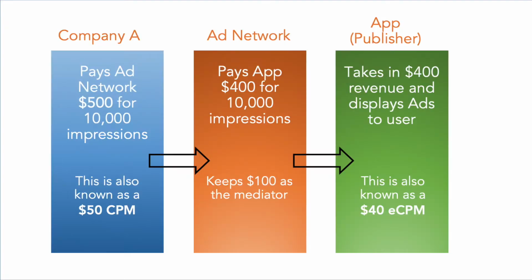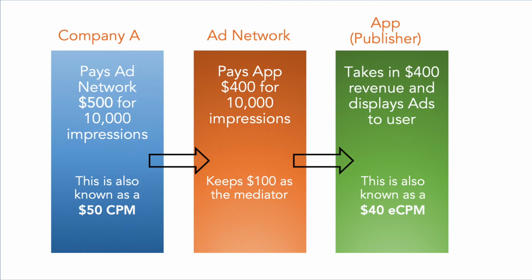And the difference between CPM and eCPM is that CPM is cost per mille. eCPM is effective cost per mille, where mille is 1,000. And CPM is what an advertiser pays, right? So an advertiser will pay $500 for 10,000 ads, and a publisher, like an app publisher who owns the app, receives $400 of that $500.